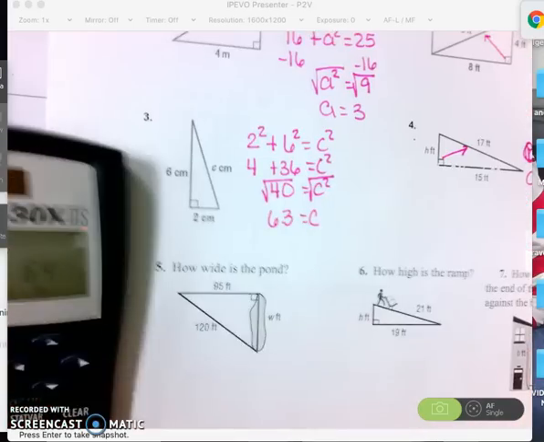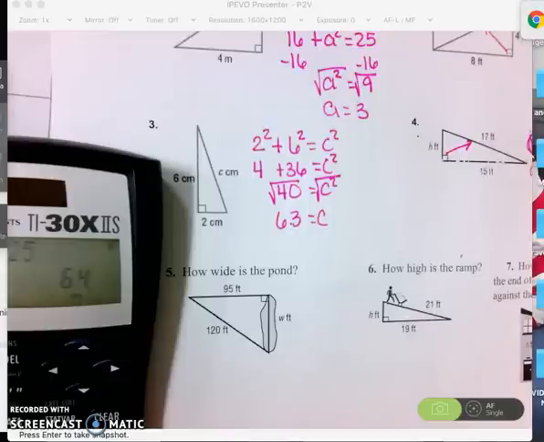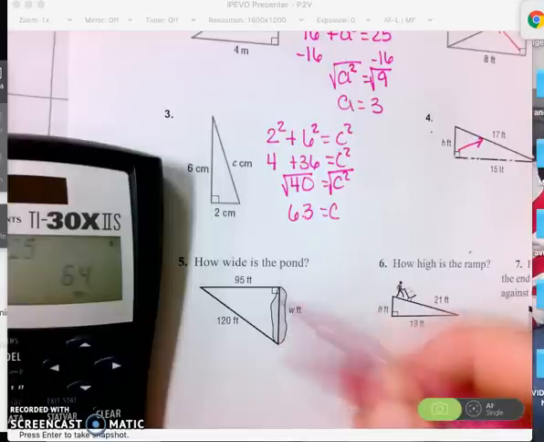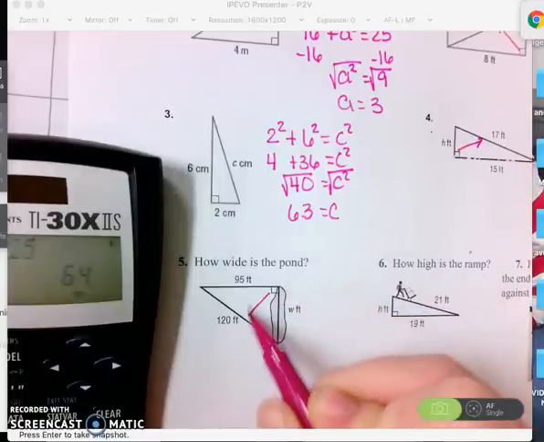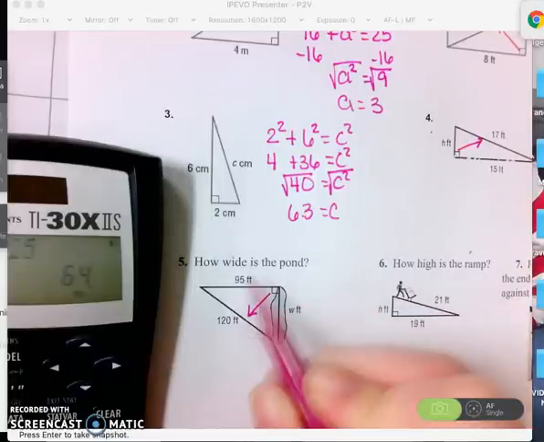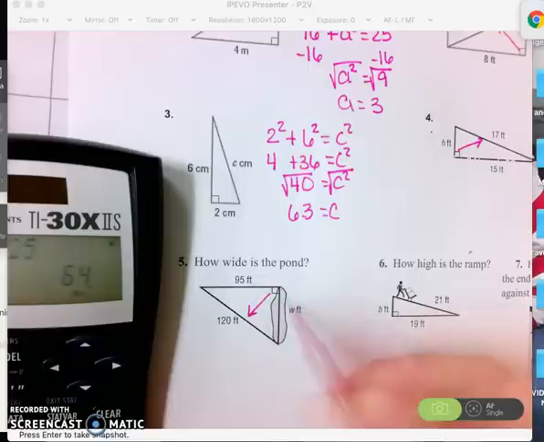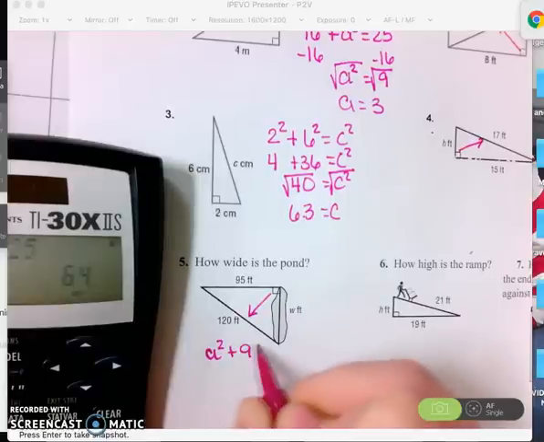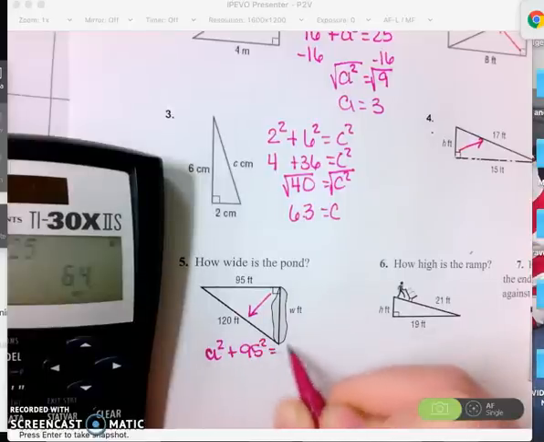Okay, our next ones are applying our Pythagorean theorem. So we have a little word problem. So here, how wide is the pond? Again, this one is our c. These two are our legs. So a squared plus 95 squared equals 120 squared.